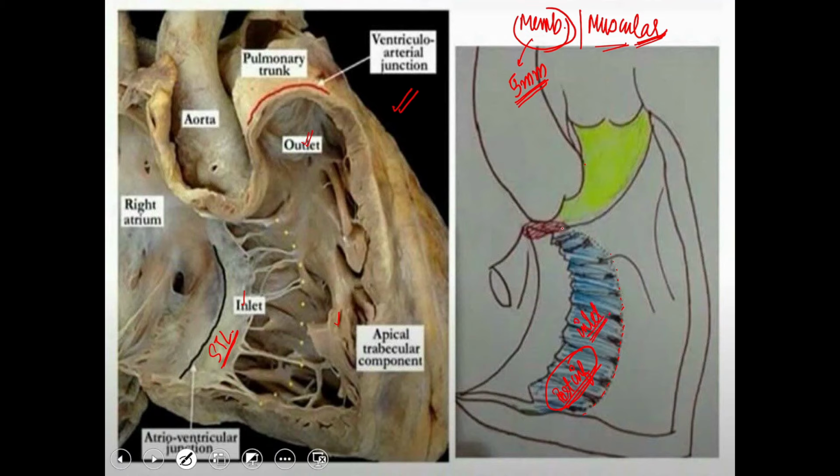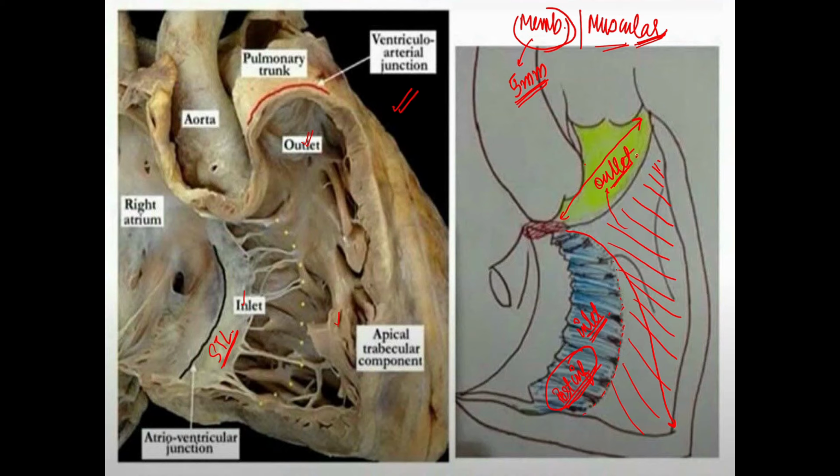Then radiating out from membranous septum up to the apex of heart, this entire thing is called the trabecular septum, which is the largest part. Again, towards the outlet portion, just beneath the two semilunar valves and anterior to the trabecular septum is the outlet septum. So outlet septum is superior anterior and inlet septum is posterior inferior.